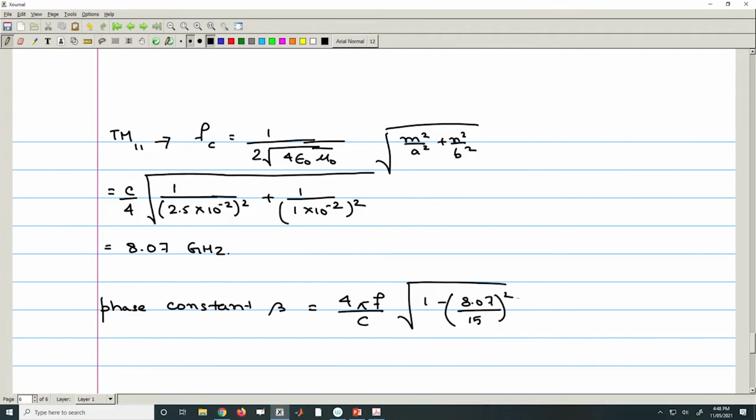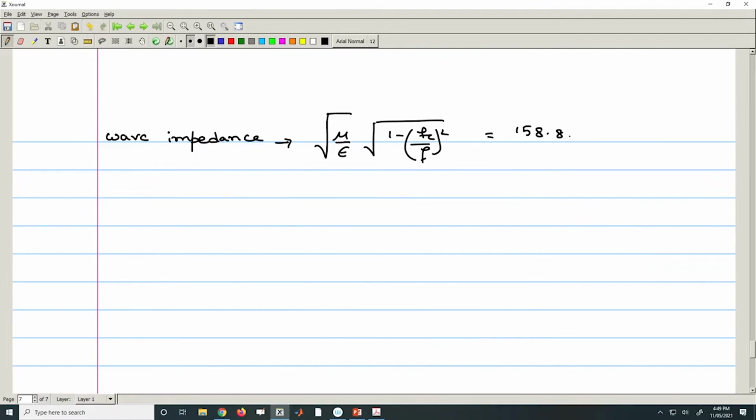So, phase constant we get as 529.4 rad per meter. Now, phase velocity is omega upon beta. So, substituting we get 1.78 into 10 to the power 8 meter per second. So, this is the phase velocity.